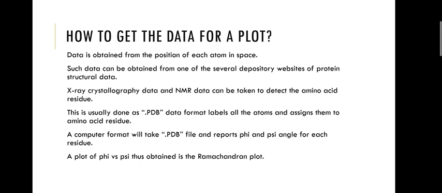This data can be obtained by using X-ray crystallography and NMR techniques. The data obtained will be converted to .pdb format, and there are certain websites which will take this data and give the plot, which will be readily available.